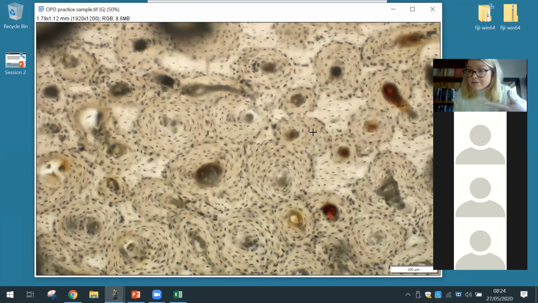Personally, I prefer polarized light because, as I mentioned last week, the light shows individual lamellae very specifically, so it's easier for me to figure it out. Sometimes with transmitted light it's quite easy as well, because you can point out the cement lines of the secondary osteons. More on that next week.